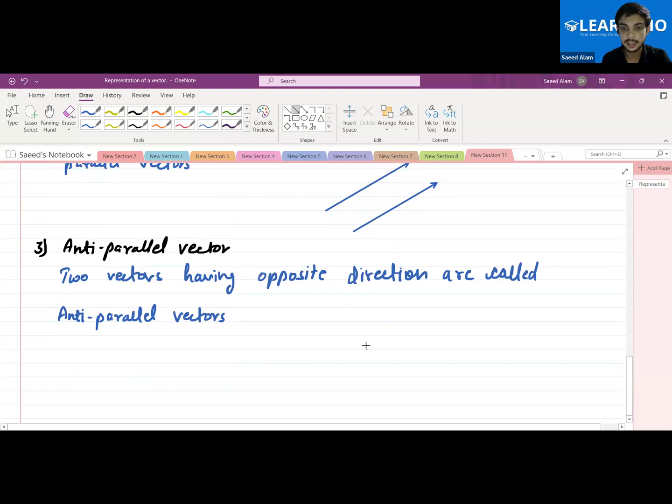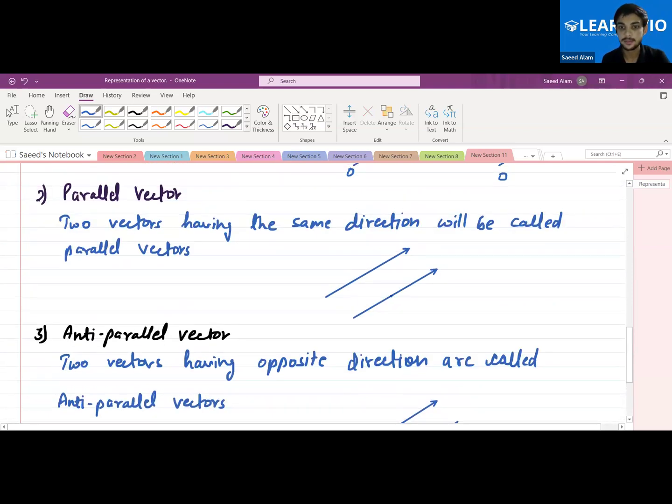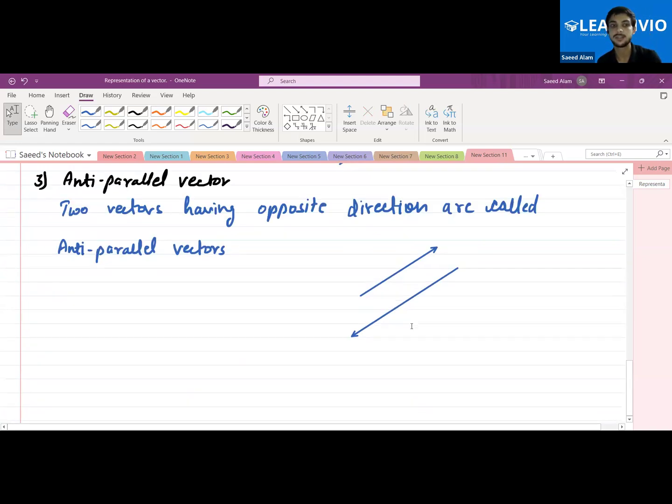For example, if one vector is pointing towards this direction, another vector should be parallel to this particular vector, but it should point in the opposite direction like this. Can you see this? So this will be called a parallel vector and this will be called an anti-parallel vector. These are the very easy things that we can understand just by the names.